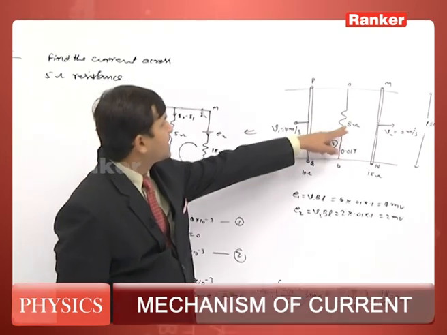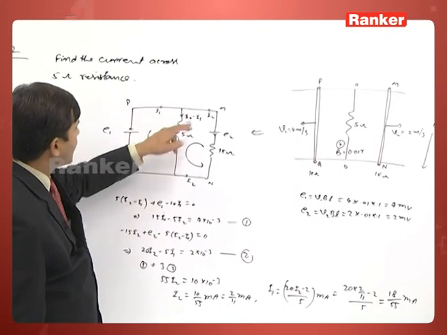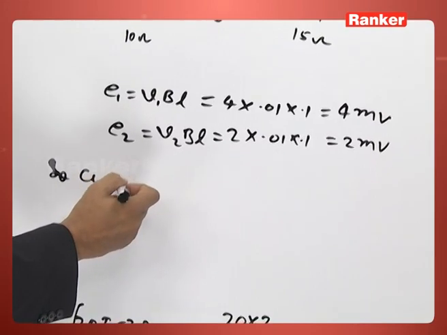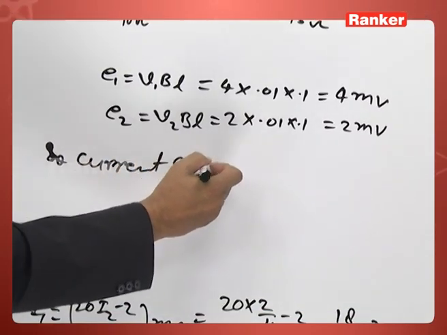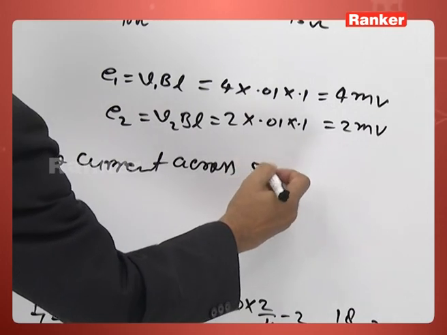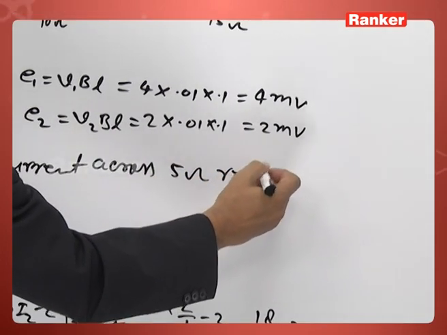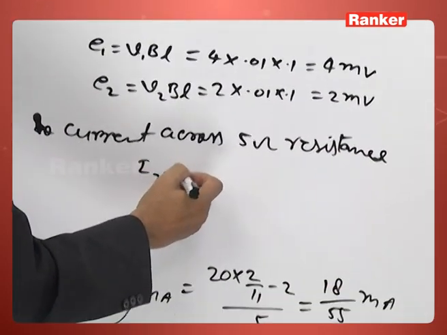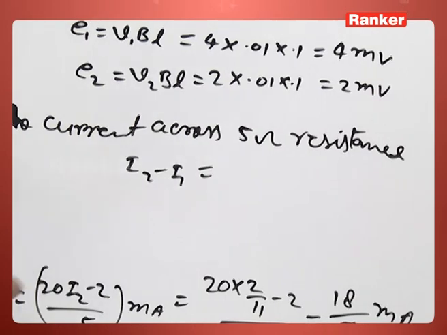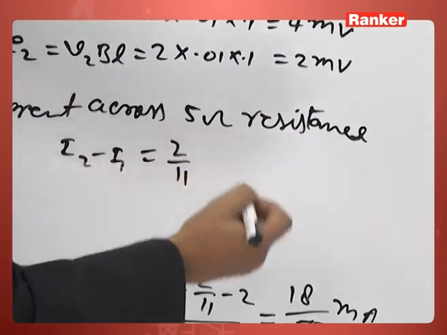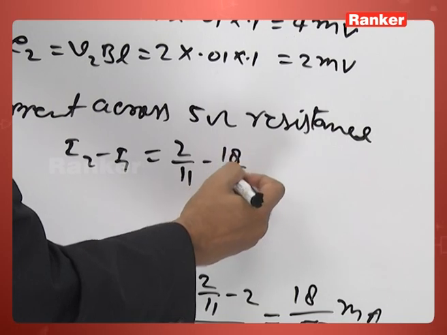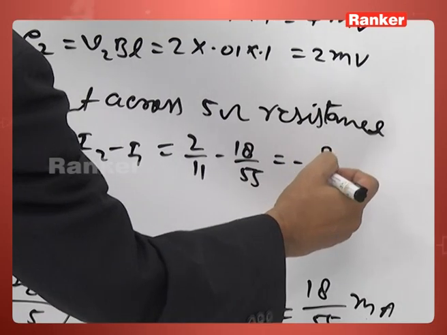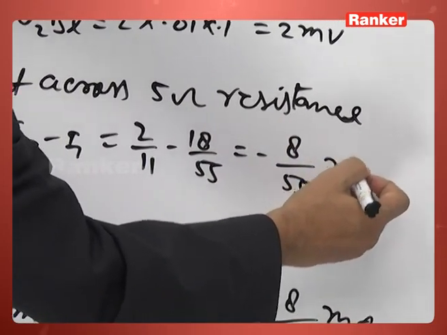So the current across the 5 ohm resistance is I2 minus I1, which is equal to 2 by 11 minus 18 by 55, that is minus 8 by 55 milliampere.